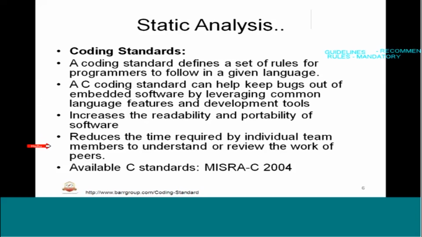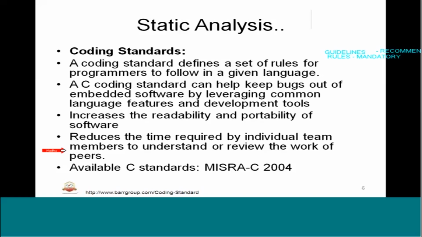When implementing, it reduces the time required by individual team members to understand or review the work of peers. We know that we are going to have different types of reviews, and the reviews will be done independently. That means if 4 people are working as implementers in a program, those 4 people will be shuffled for doing the reviews of the implemented program.